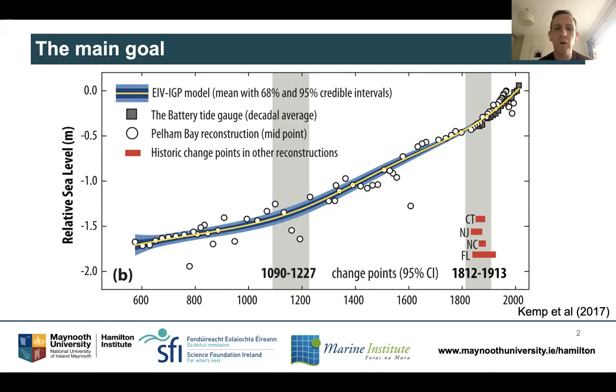Where does that come from? How do we get it? And where does radiocarbon dating fit in to creating that yellow main fitted line and the blue uncertainty bars around it? That's mostly what I'm going to talk about in the next few slides, how we get to this point.